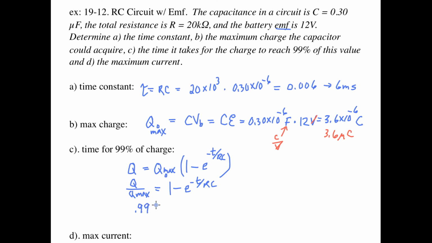I changed my percent to a decimal. I'm taking this stepwise for you math people or non-math people. I'm going to bring the 1 over to the other side and change the sign: 1 minus 0.99 equals e to the negative t over RC. And now I get 0.01 on this side.